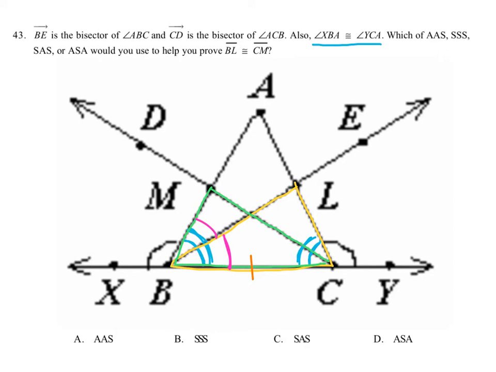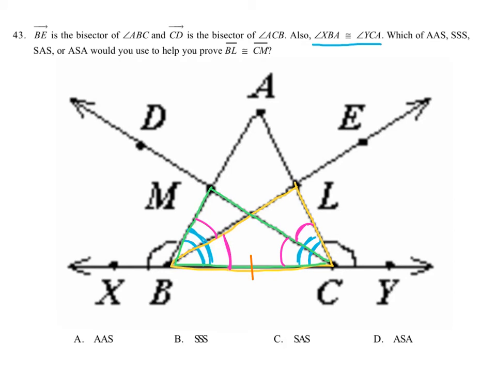Same thing over here on the other side: it's the exact same amount because these two angles with the two blue marks are congruent, so when you bisect it, you get an equal amount here and here. So all four of those angles are congruent.